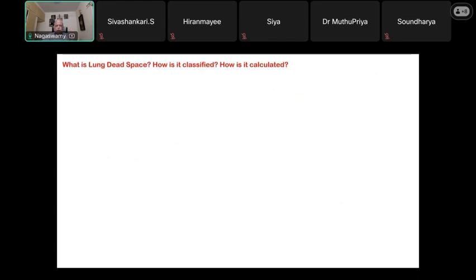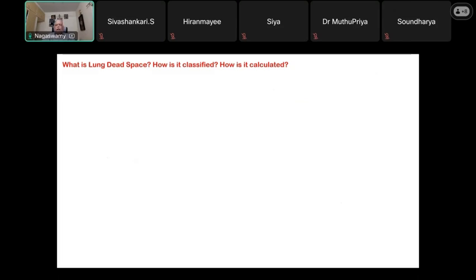So there is no capillary blood flow coming to pick up the oxygen and release the carbon dioxide. So that is also counted as dead space. Alveoli which are ventilated but not perfused also contribute to the formation of dead space.